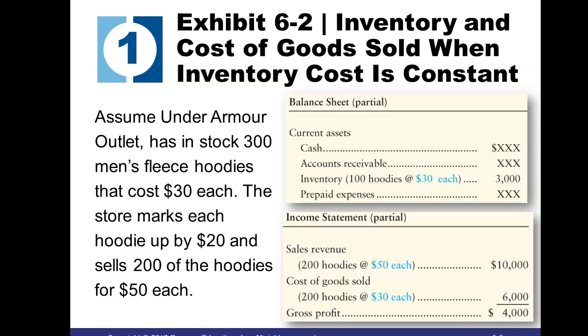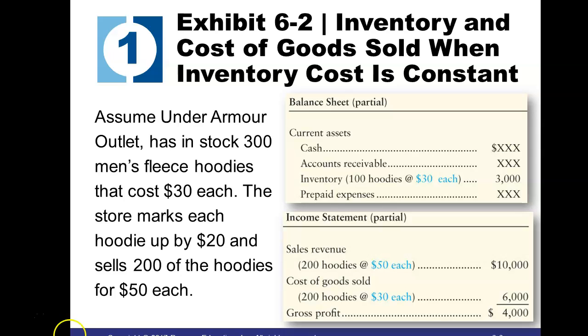If it cost us $30, we take $30 times the 200 hoodies, and we have calculated what it cost us. And if we can calculate our sales price, which is $50 actually, times the 200 hoodies, we know how much our revenue is.